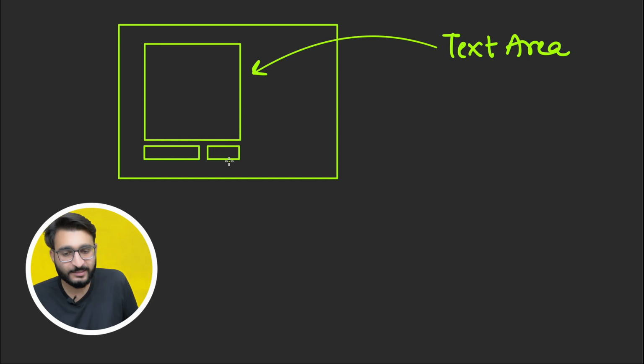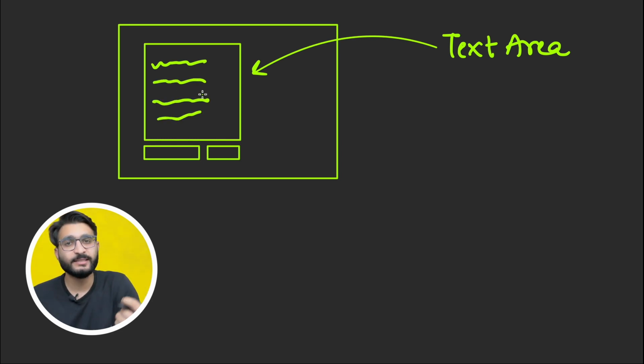So let's say this is a button to post. Now you have written something over here, this will be considered as your description. There may be some title also in the first line, so this will be considered as a title. Okay. So now let's talk about this.